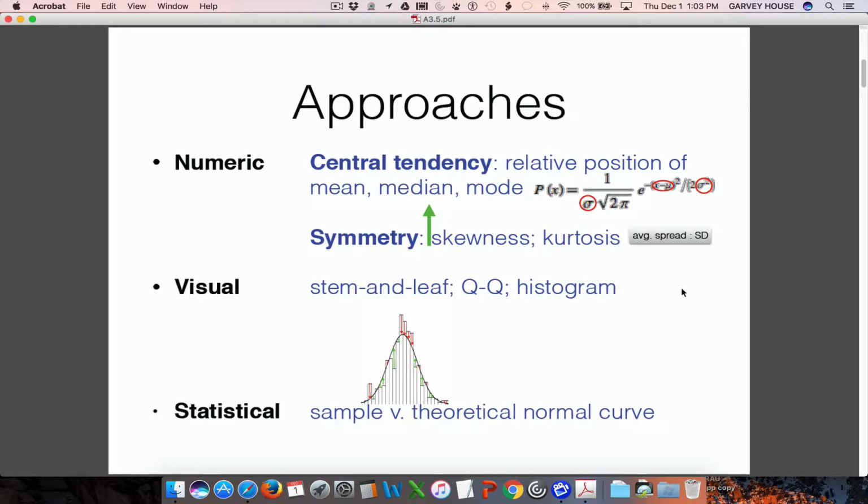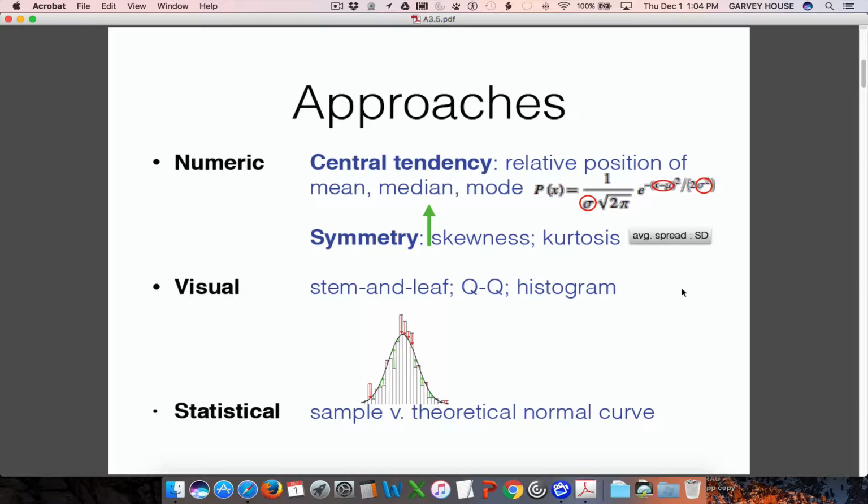Formulas or statistical techniques, rather, such as the F-test in ANOVA or the T-test, the Z-test, and other statistical techniques that assume normality, you'll see that the mean and the standard deviation and variance are part of that normal curve formula.